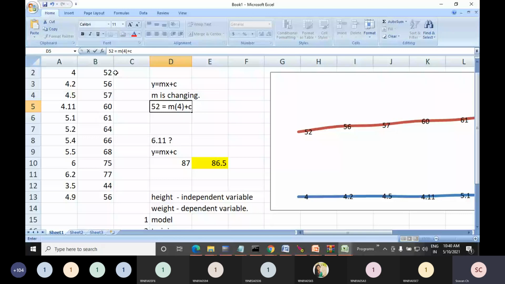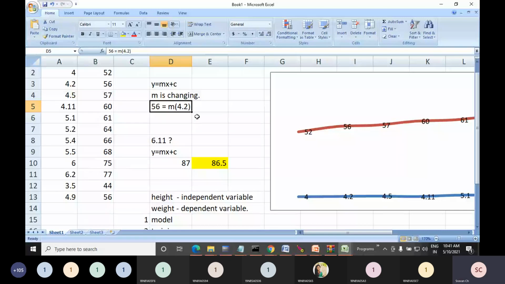So that portion will come into picture. Now m of 4. Similarly, when height is 4.2, then the weight should be 56.